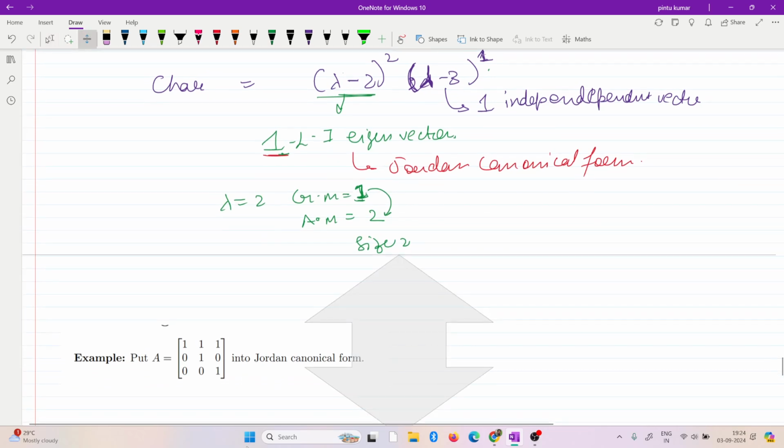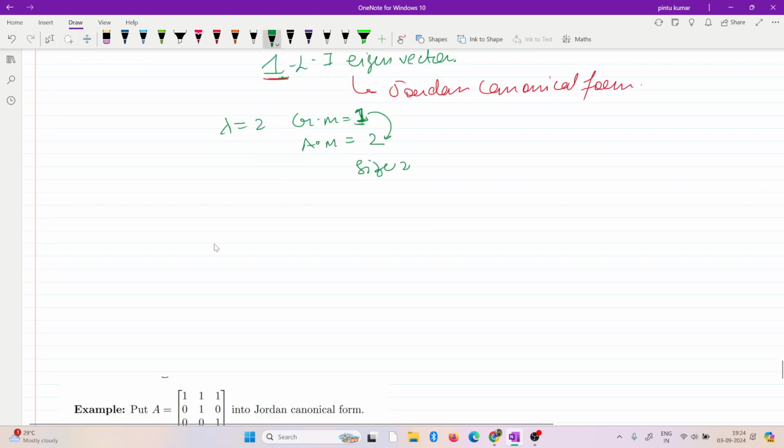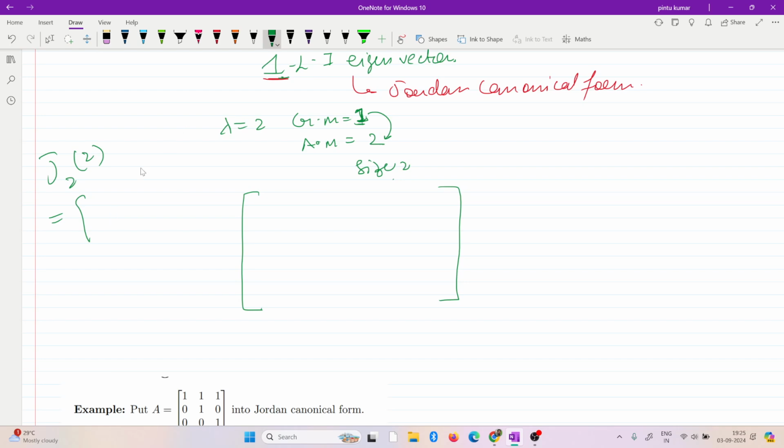Let's look at that. What it said is you will have one Jordan block of size 2. So how did we define a Jordan block of size 2? With eigenvalue 2, this is 2, 2, 1, 0. So you will have 2, 2, 1, 0. This is one block.